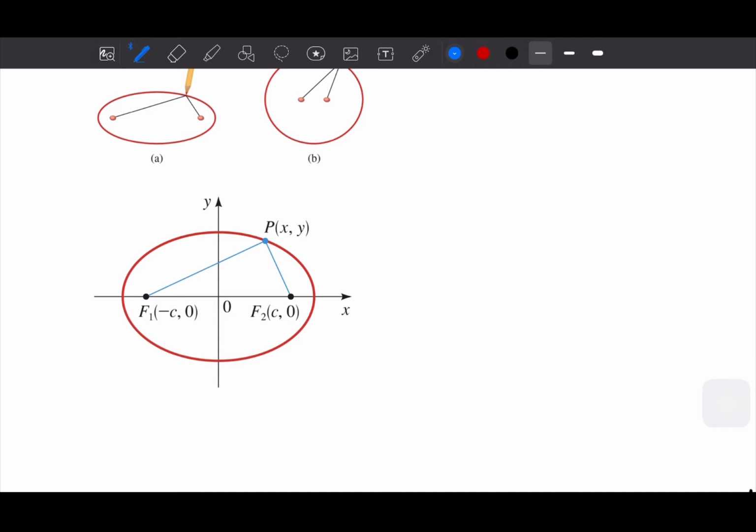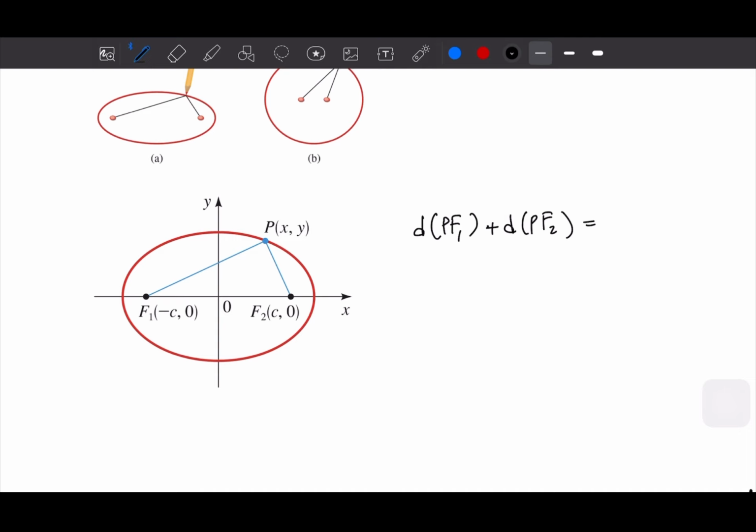If we have any point here, maybe this and this, all the summations will be the same, constant. So we could say that the distance PF1 plus the distance PF2 is equal to a constant.